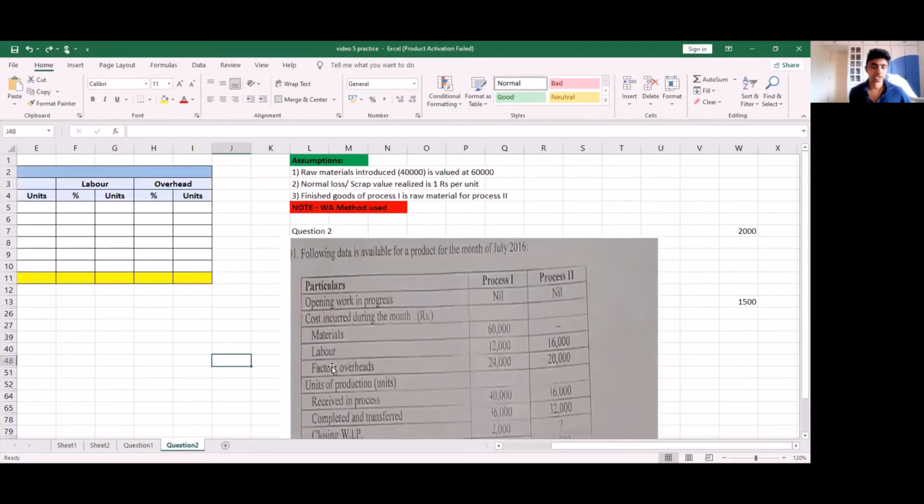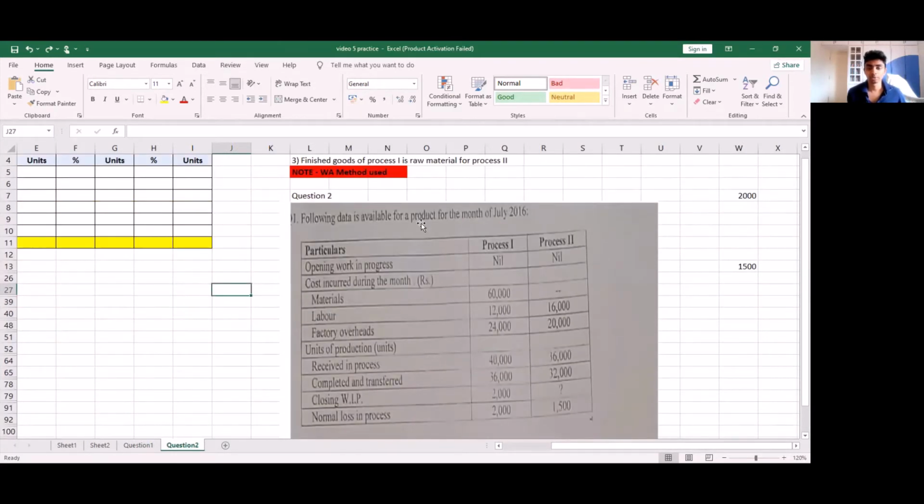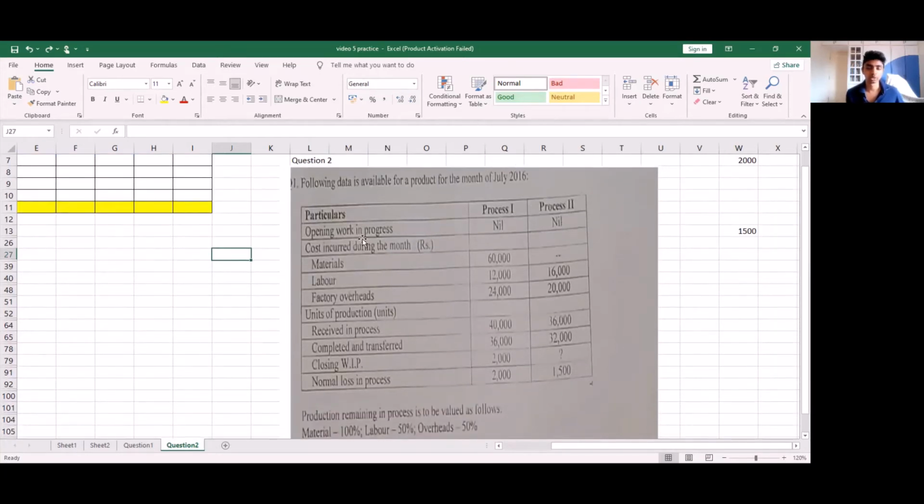Here is our question 2. Let's first read the question. Following data is available for a product for the month of July 2016. So we have been given particulars for two processes, that is process 1 and process 2. So we have been given opening work in progress, cost incurred during the month for materials, labor, and factory overheads.